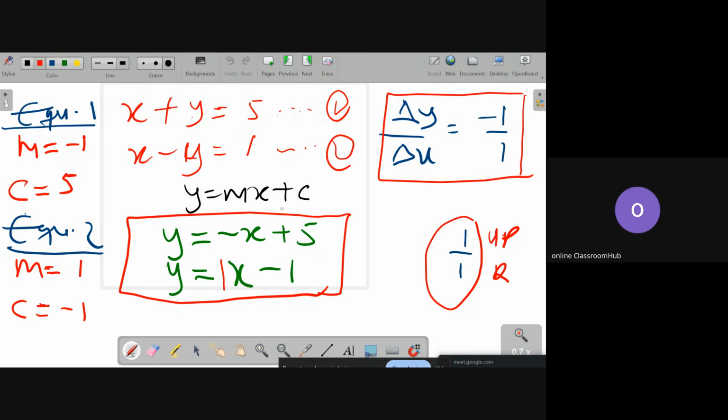The m will tell you the movement. The numerator will tell you to move up or down along the y-axis. Then the denominator is always to the right on the x-axis. And the c is the y-intercept, where the line touches the y-axis. So stand on your c, use the m to do the movement.